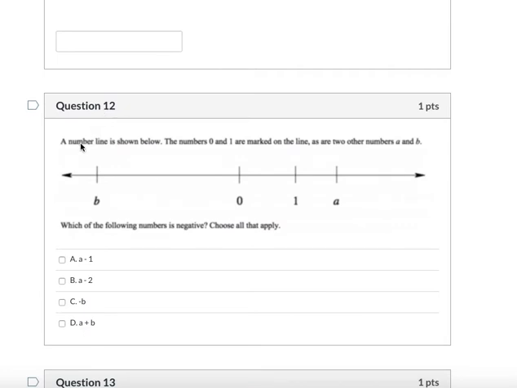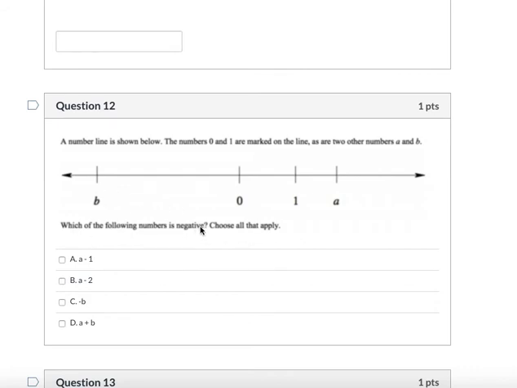Question 12. A number line is shown below. The numbers 0 and 1 are marked on the line, as are two other numbers, A and B. So take a look at the number line here. If you have 0 and you have 1, think about A's relationship to 0 and 1, and then think about B's relationship to 0 as well.